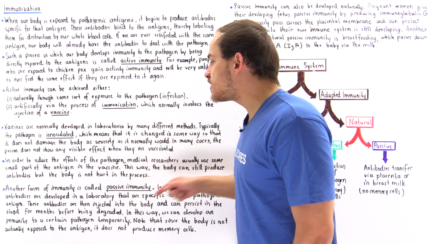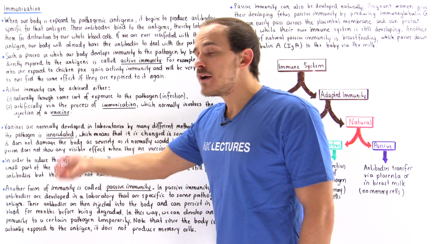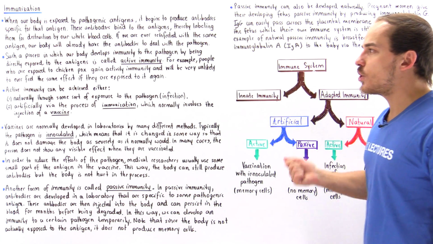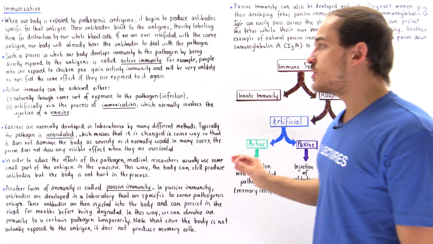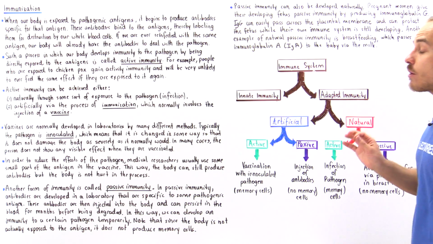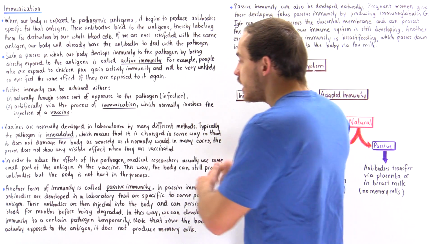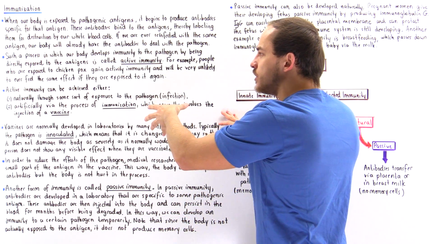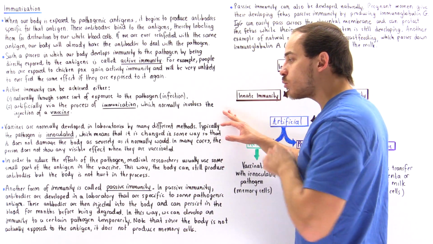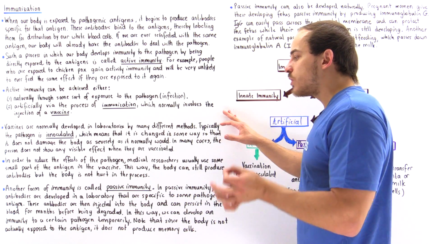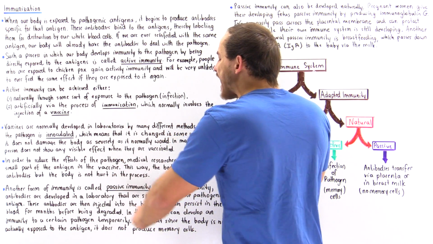It only persists for several months following injection of those antibodies, while active immunity usually persists for the duration of our lifetime. So we saw that passive immunity can be acquired naturally or artificially, and so far we discussed the artificial process by which we gain passive immunity.